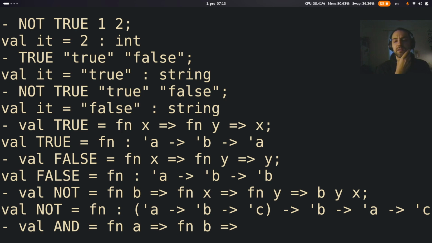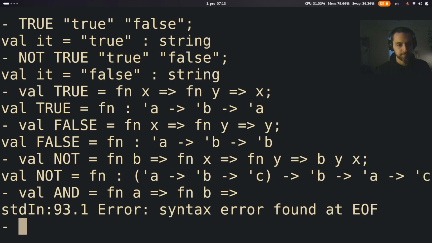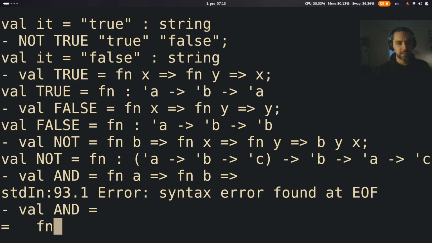But now what? Lambda x. Let's do it like this. Oh. Val AND equals, let's do it like this, fn A, fn B. It's funny, I can see how I would do this with conditionals, but I have no conditionals.